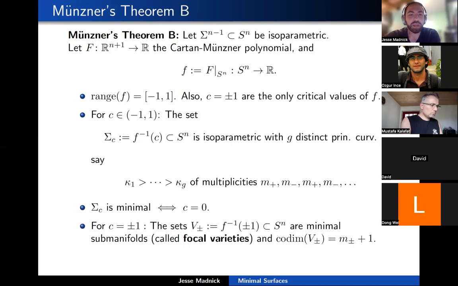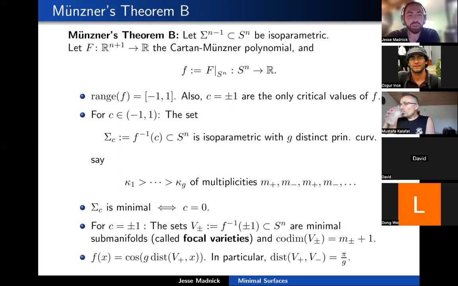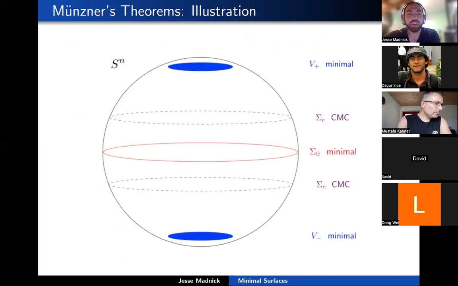We discussed also how for c equals plus or minus 1, the level sets are minimal submanifolds called focal varieties, and their codimensions are equal to m plus-or-minus plus 1. And there's this geometric interpretation of this function little f. It's cosine of g times the distance to the focal variety V plus. So we have this partition or decomposition of the round n sphere into minimal and CMC submanifolds.